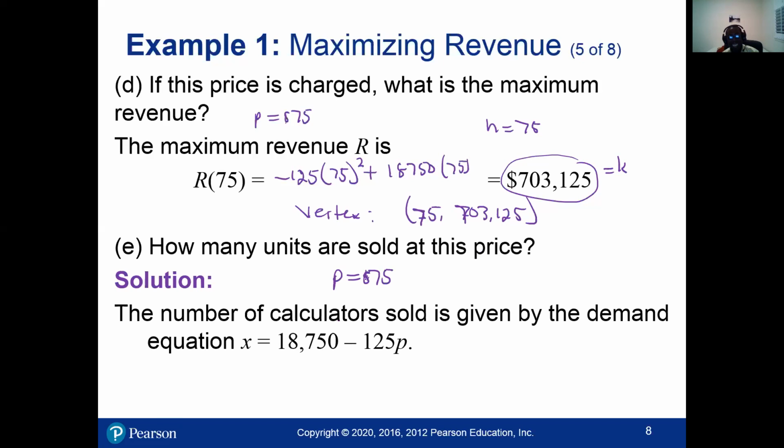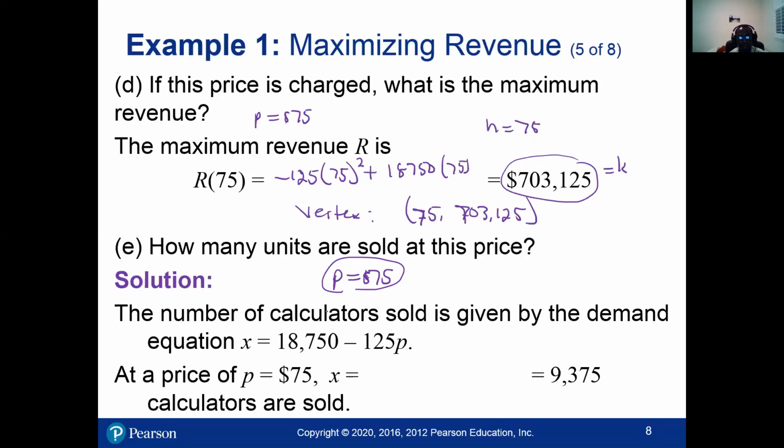The manager wants to know how many calculators should be sold to maximize the revenue and get 703,125 for this type of calculator. The demand function was given, and therefore we basically plug in this $75 into that. When we do that, we have X is equal to 18,750.